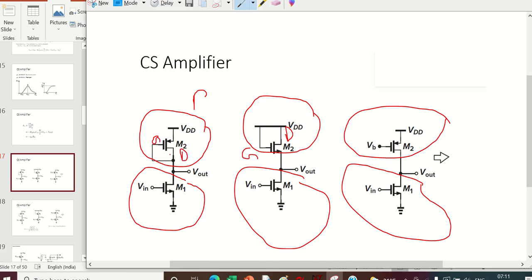We are shorting gate and drain voltage. Whenever you see a MOSFET where the gate and drain are shorted, this is called diode connected. Okay, and in case of NMOS, it will be like this. Okay, this will be called diode connected.